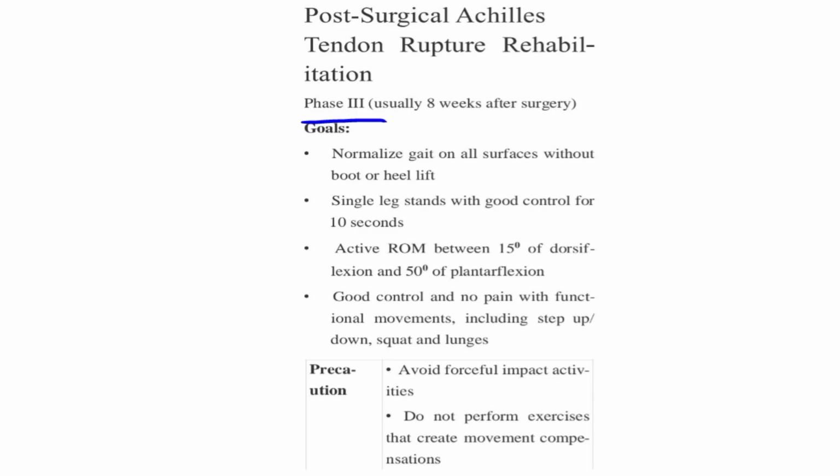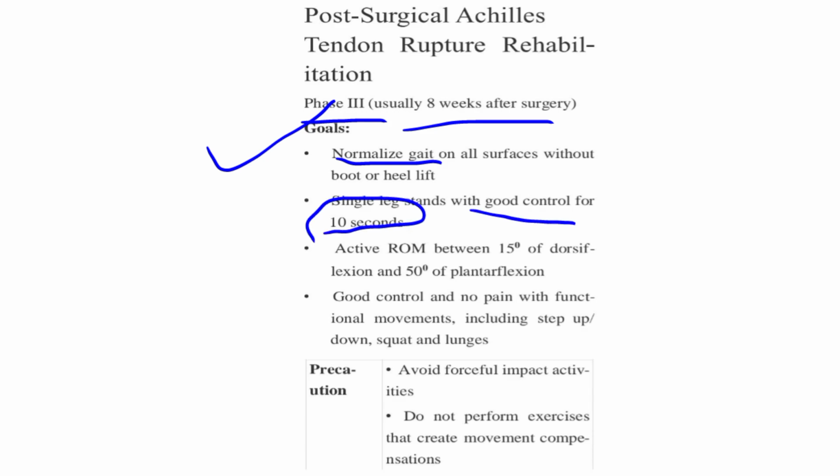In phase 3, after 8 weeks, the goal is to normalize the gait on all surfaces. Single leg stand with good control for almost 10 seconds. Active range of motion between 15 degrees of dorsiflexion and 50 degrees of plantar flexion. Good control and no pain with functional movements.